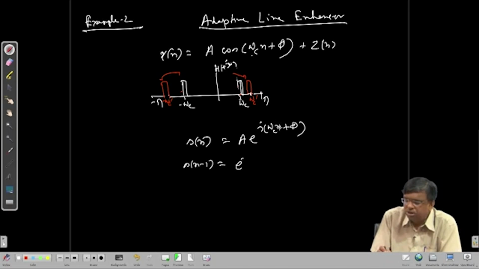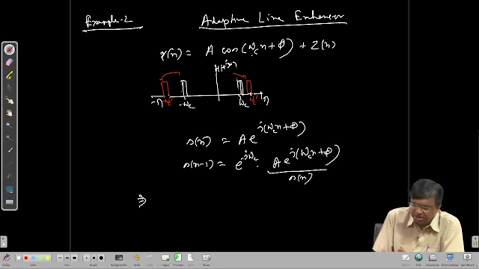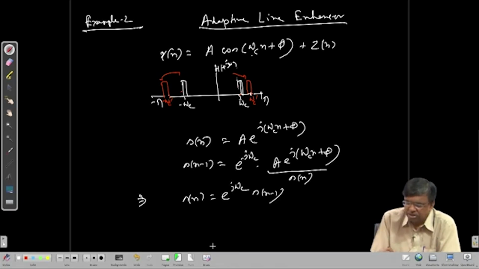We put n minus 1 here. So, omega c into minus 1, that part e to the power minus j omega c goes out, and the remaining part remains same, e to the power j omega c n plus phi, which is Sn, which means Sn is e to the power plus j omega c times Sn minus 1.